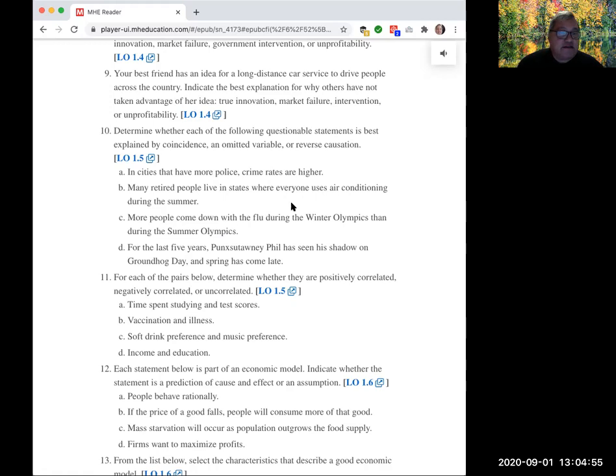So in that case, there seemed to be an omitted variable, not really omitted because summer is listed in the sentence, but there's a coincidence. Warm summer weather attracts the elderly, and warm summer weather creates a more desirable situation, a lower opportunity cost for air conditioning. And as such, you observe both together, but it's the summer weather driving both. It is not that old people cause air conditioning or air conditioning causes old people.